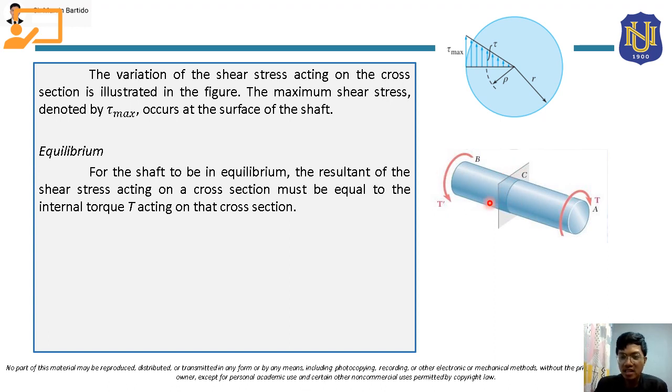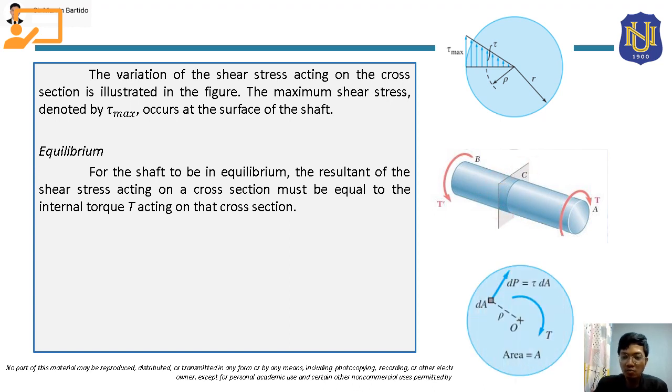The cross section cut here will be shown here, and considering this segment, there will be an internal torque T in this cross section. For this shaft to be in equilibrium, the resultant of the shear stress acting on this cross section must be equal to the internal torque T acting on this cross section.